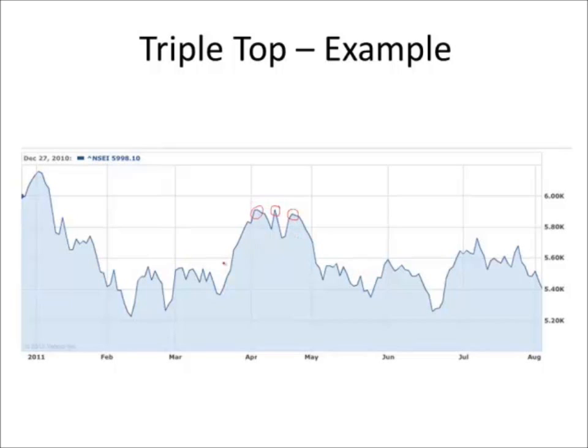So how does this work? Well, we have the price going up here in an uptrend. We have our neckline, which is going to be kind of like that. Again, it's not exact.